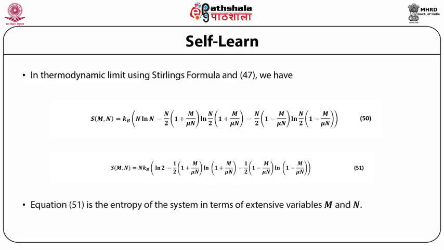Equation 51 is the entropy of the system in terms of extensive variables capital M and capital N.